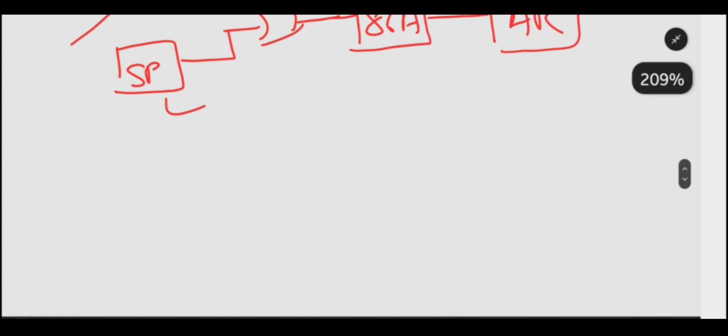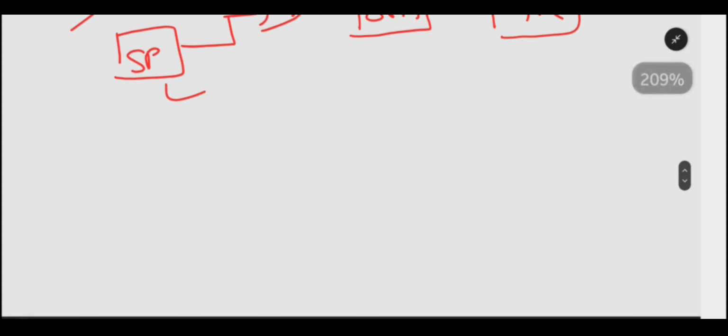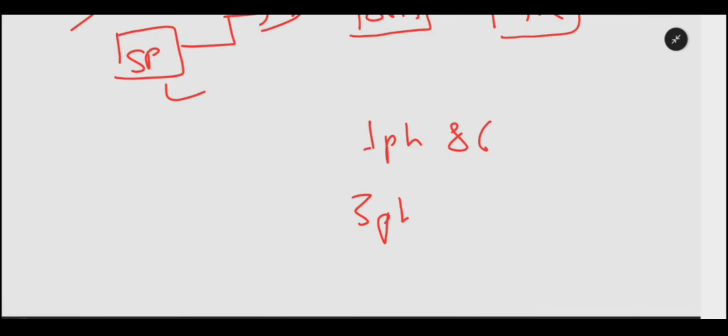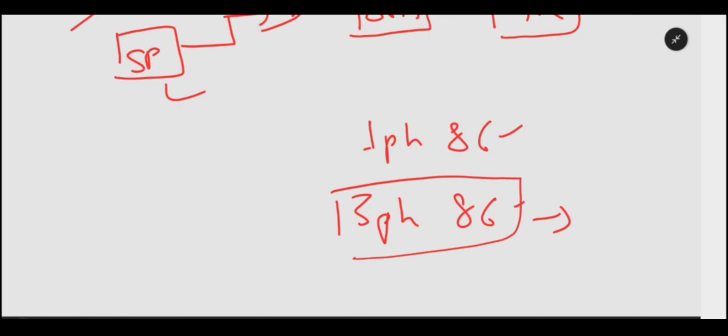So how does this operate? If you see the relay of the transmission line, there is a lockout relay. There are two types of lockout relay. The first one is the single phase lockout, and the second one is the three phase lockout. 86 means lockout. So what does the three phase lockout do? The three phase lockout blocks the ARR.